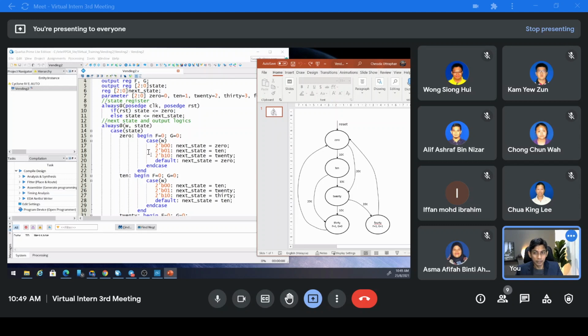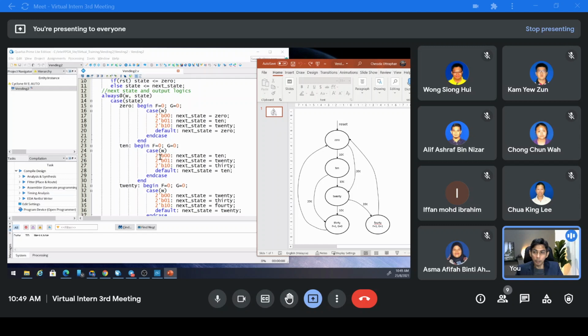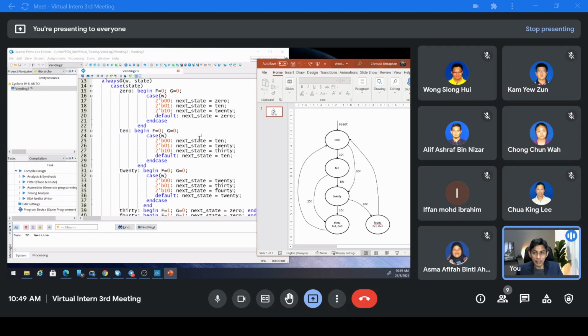All right. So this is state 0. What about this state? Again, the output is easy. Both are 0, F equal to 0, G equal to 0. And we look at W. If W equal to 0, 0 means that there is no input, so we wait. So we stay in state 10. If 0, 1, means that 10 cent is inserted, so we go to state 20. If 20 cent, we will go to 30.